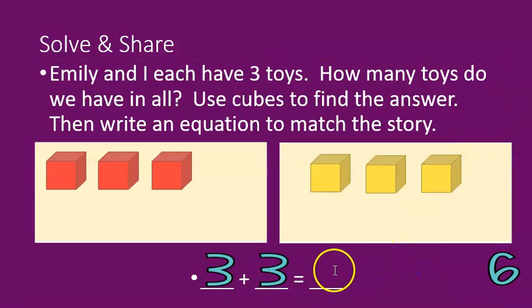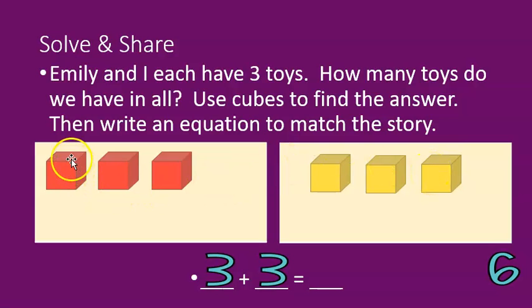Now, this here is what we are being asked to find because it says, how many toys do we have in all? So to get the answer here, first graders, we're just gonna add up the entire toys.